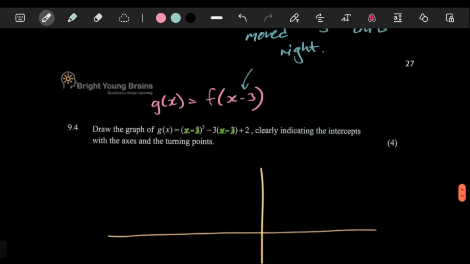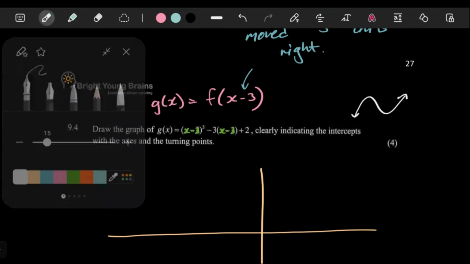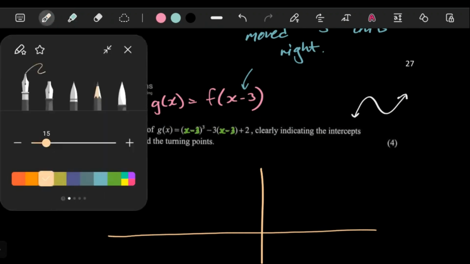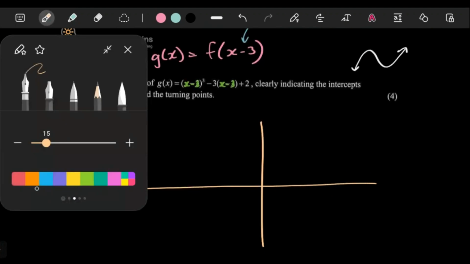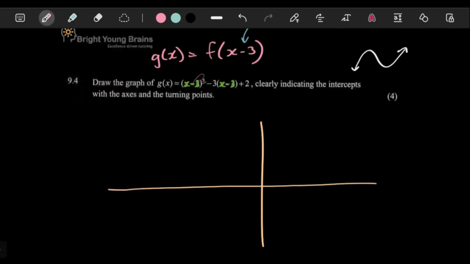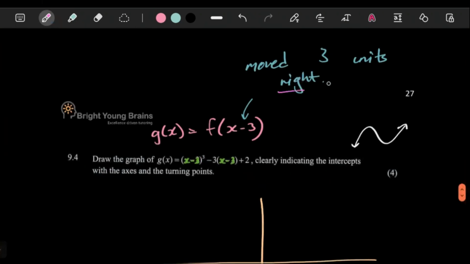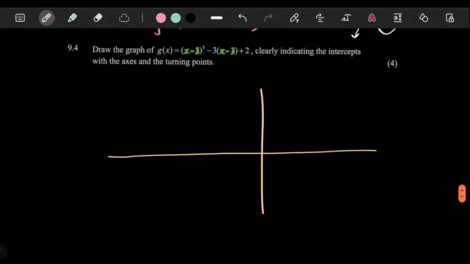With f of x, we know it was a smiling parabola, I mean a positive cubic function. The 2 turning points were at -1 and +1. If that's moved 3 units to the right, instead of being at -1, it's going to be at +2. That's the first one.